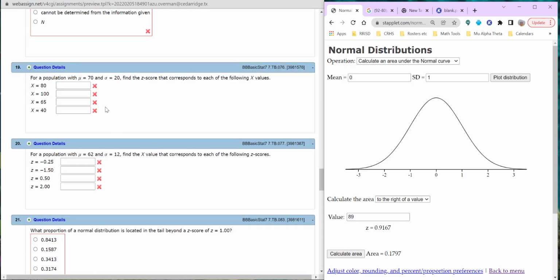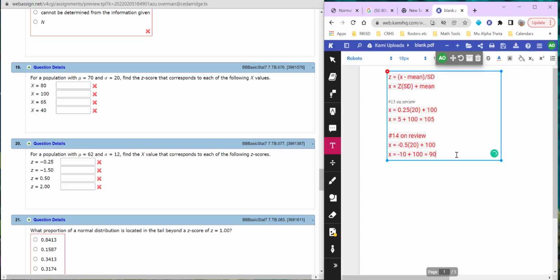Okay, for a population with mu equals 70, the mean is 70, and the sigma is 20, find the z-score that corresponds to each of the following values. Well, number 19.